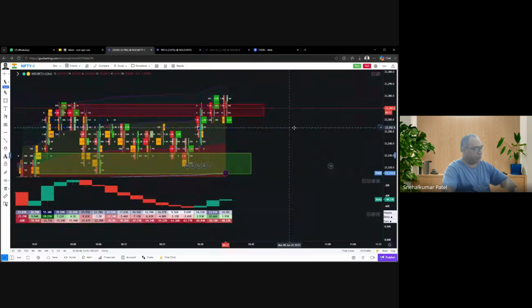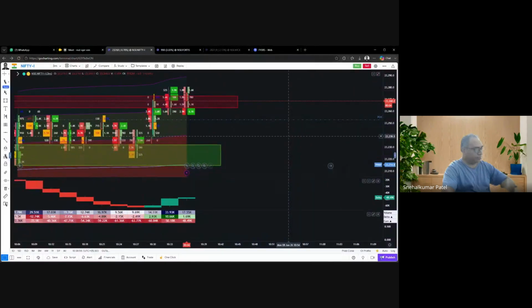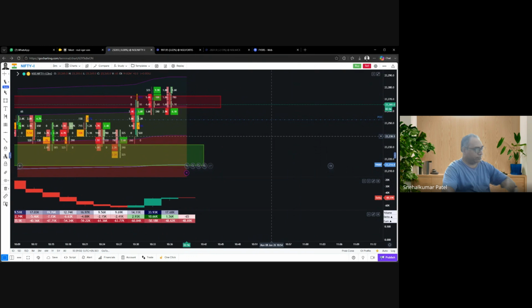Though it has sustained above the key level, which is 23,250. There was good buying here.